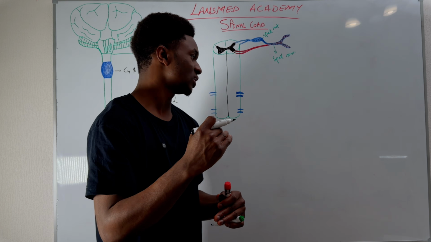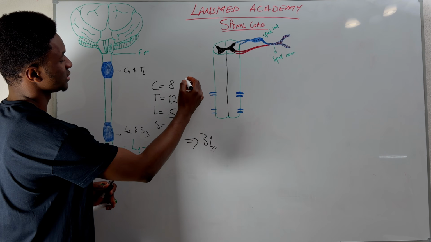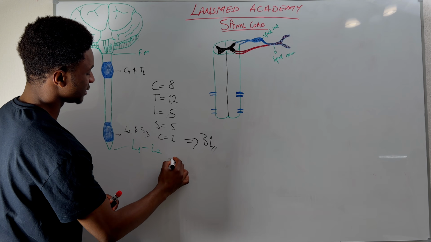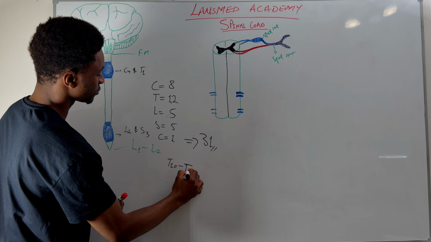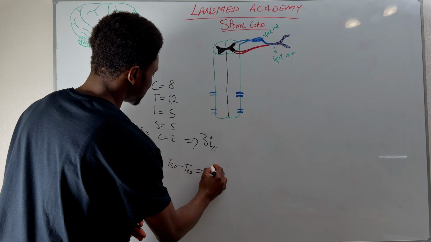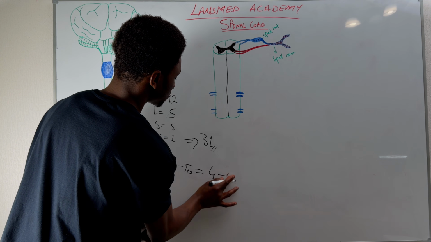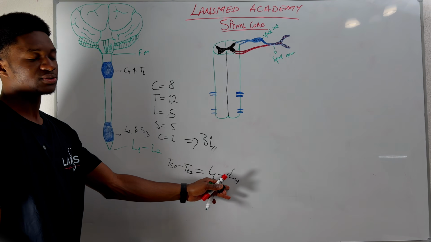And where it gets interesting, so let me just do this. Where you have T10, your vertebrae T10 to T12, you will have the spinal segment L1 to L4 coming from this region.